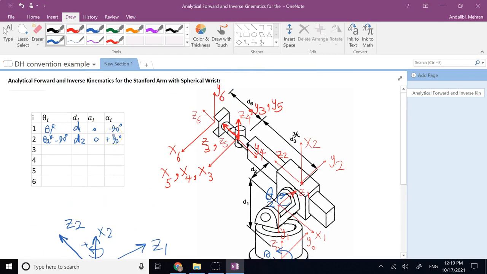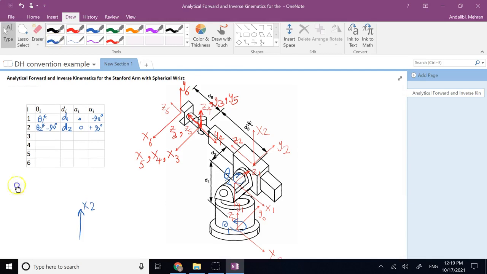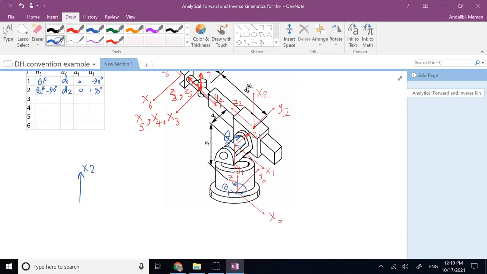Now we go to 3. For 3, we first look at the x's, x2 versus x3. Again, you see they are clearly not aligned. So although this joint has no theta variable, you need a non-zero theta rotation to align the x's, because that's your x2 and this is your x number 3.